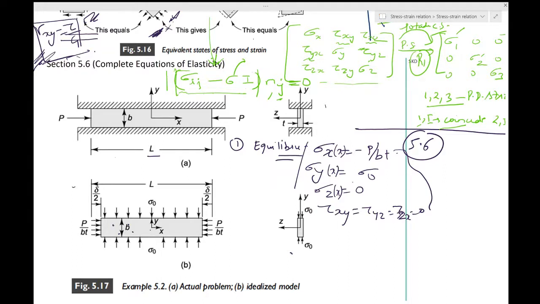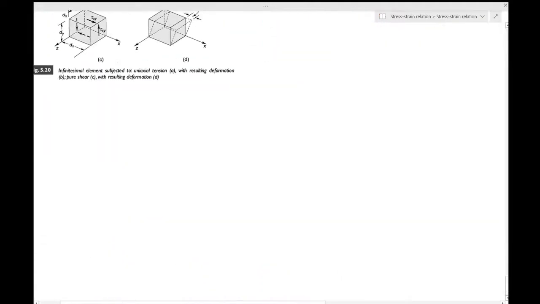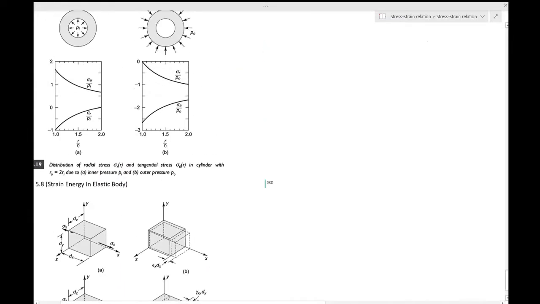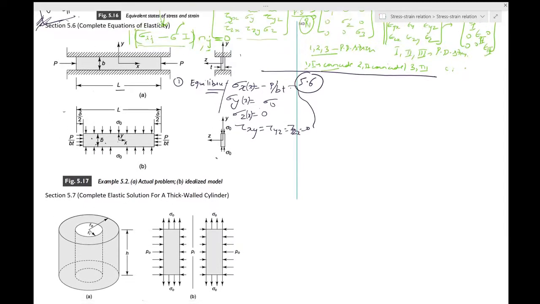So that's the first part of it. The second part is clearly the geometric compatibility. Because the walls are rigid, clearly the strain in the y direction is 0.